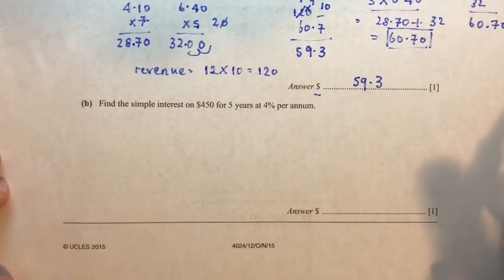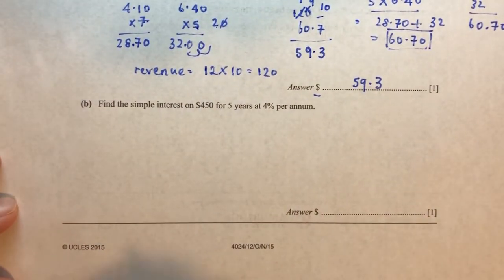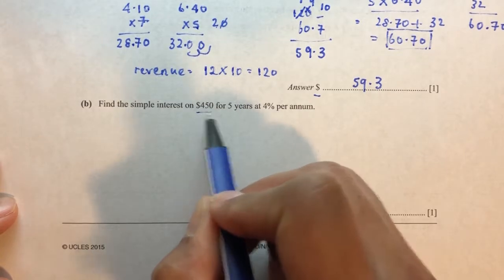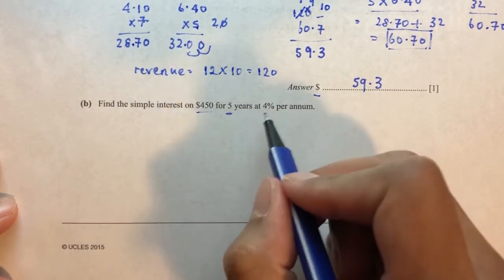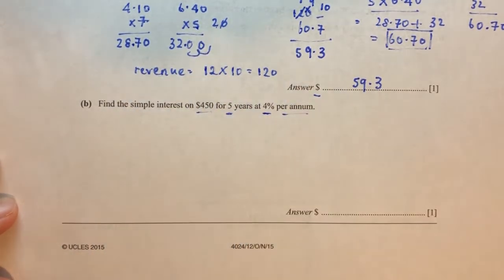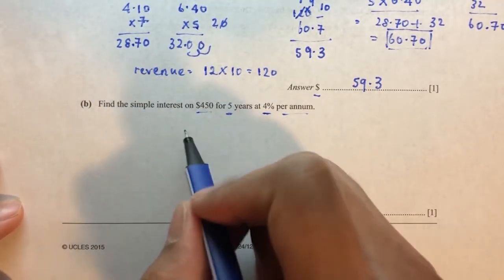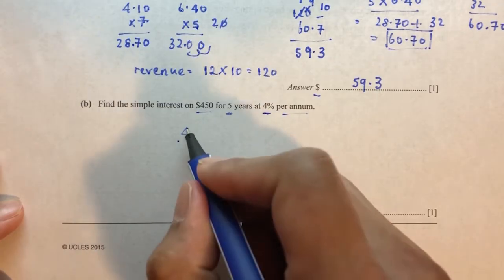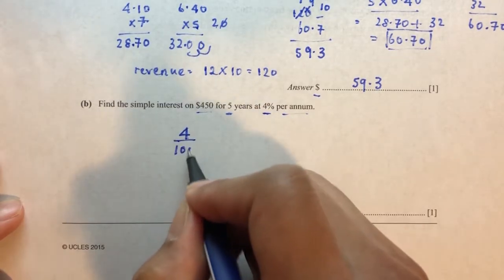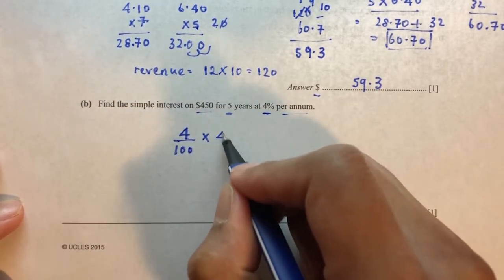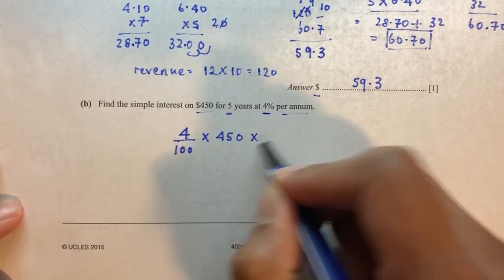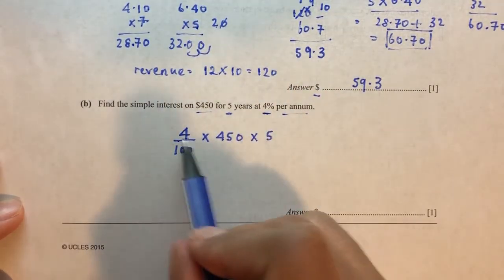So now part B, find the simple interest on 450, that's the principal, for 5 years at 4% per annum. Okay, so what is the simple interest? We have to do 4% times the principal times the years, which is this.